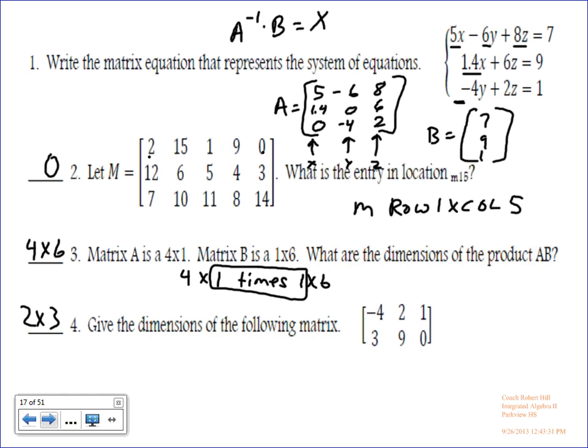If you get a calculator and it has no solution, there's two reasons why a matrix would have no solution. One reason is because there really is no solution and the system is inconsistent. Or the second reason is because the system is dependent, which means it is all numbers.